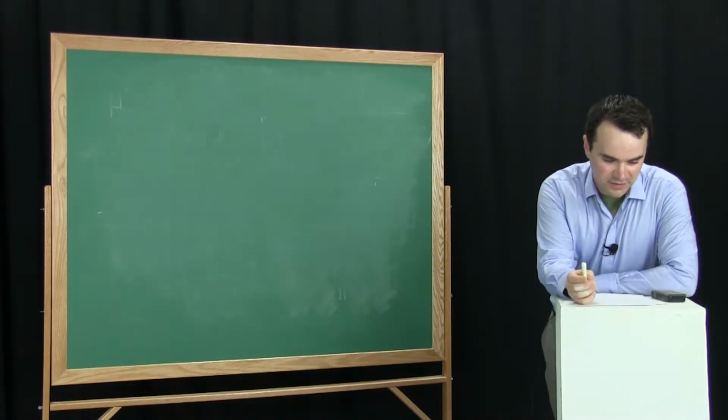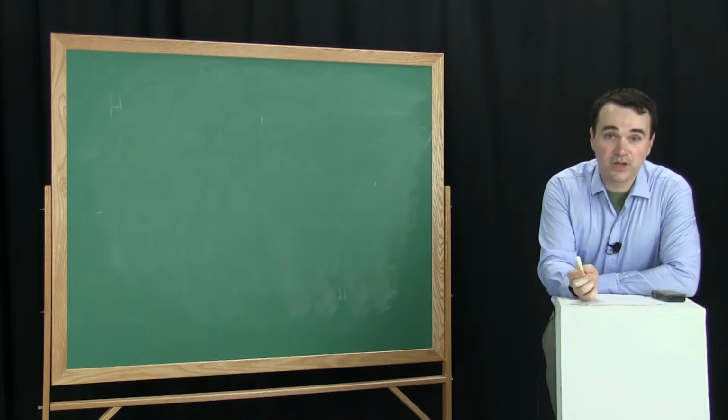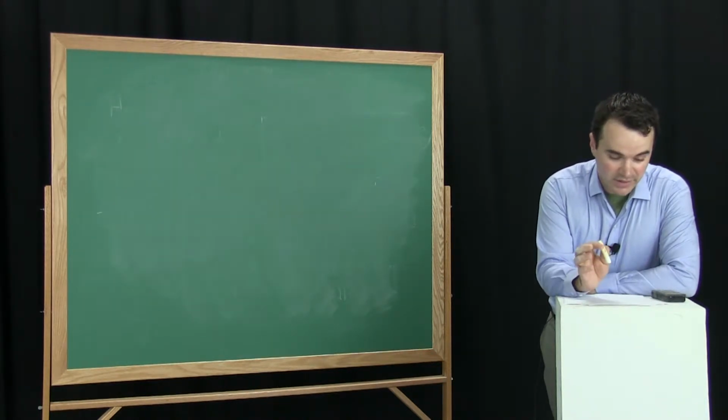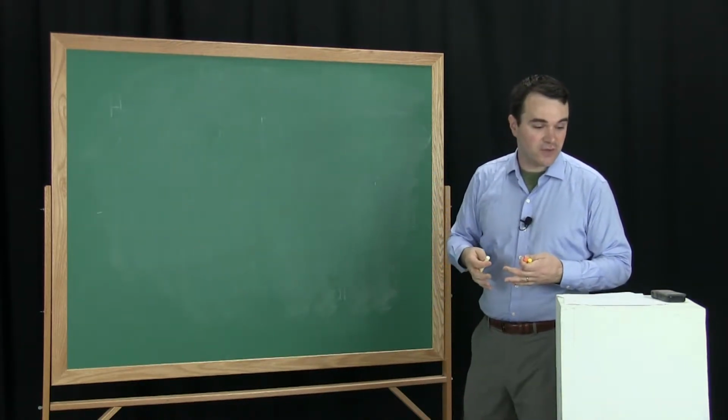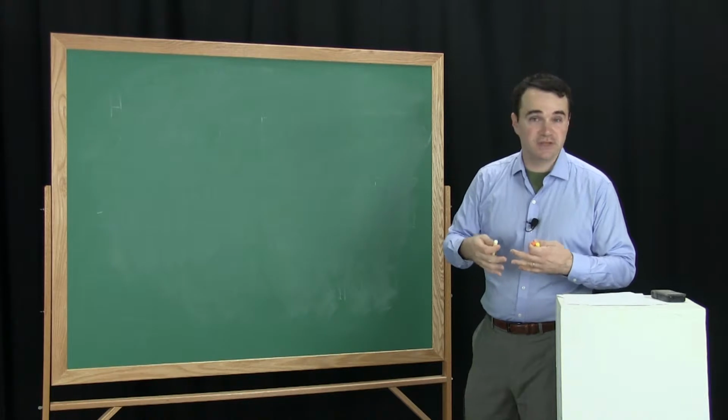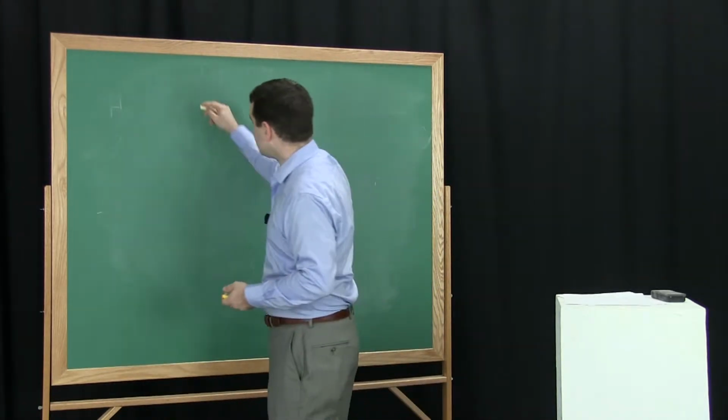So imagine this situation where we're traveling somewhere, let's say we're going to the mall, and let's make a graph of the total distance that we've traveled as we're driving.